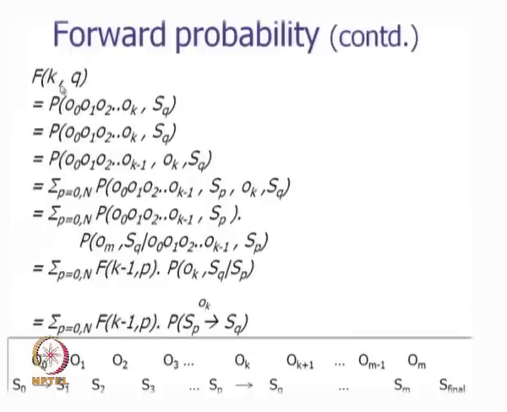All right. So, we have this way of computing f k comma q from f k minus 1 comma p and this transition. We can depict this forward probability calculation pictorially as follows. I would write this diagram.